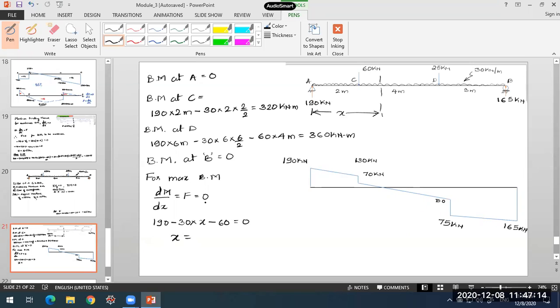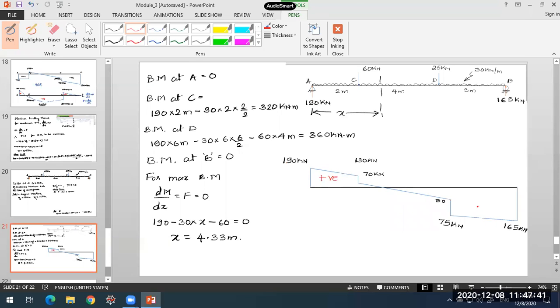The distance where shear force is 0 here. How much is that? 130 by 30. So that comes out to be 4.33 meters. What I did was identify where the shear force changes from positive to negative.